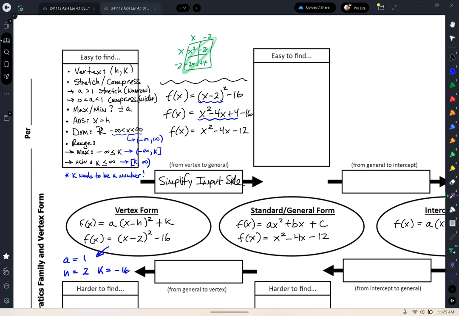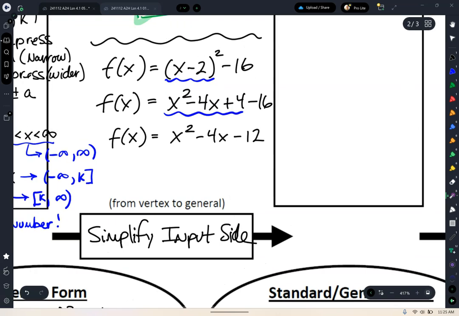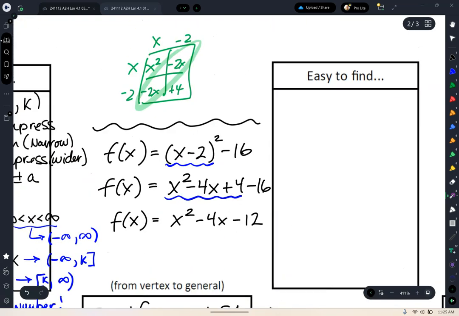Let me point out one thing real quick in this math problem. Let's say that you had an A of 2 in this math problem. Where would that come into play in terms of the simplifying?